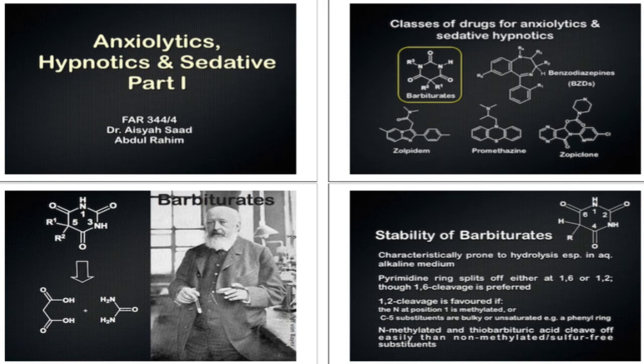Hi class. So I'm going to talk about the three learning outcomes for anxiolytics, hypnotics, and sedatives. This particular topic is separated into part one and part two. If you see the classes of drugs for anxiolytics and sedative hypnotics, there are about five drugs there.